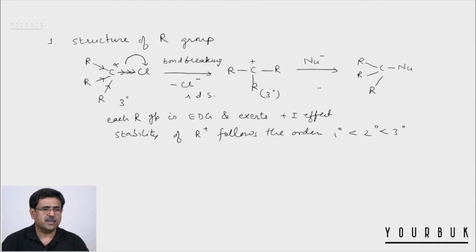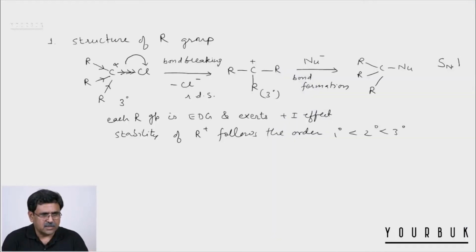So it's a two-step mechanism. First step is bond breaking and the second step is bond formation. So this mechanism is called SN1 mechanism. So if you look at 3 degree alkyl halides, since they give you a stable 3 degree carbocation, they prefer SN1 mechanism.